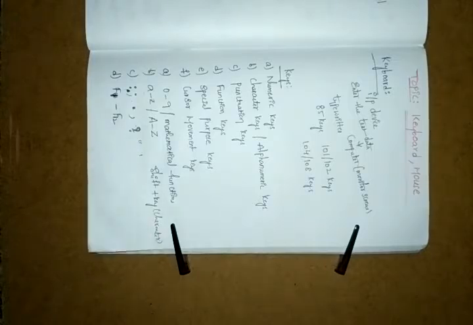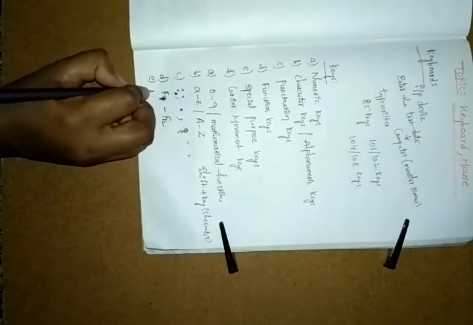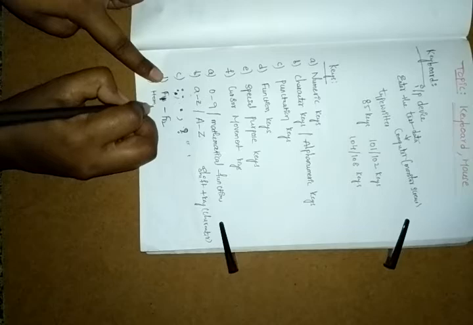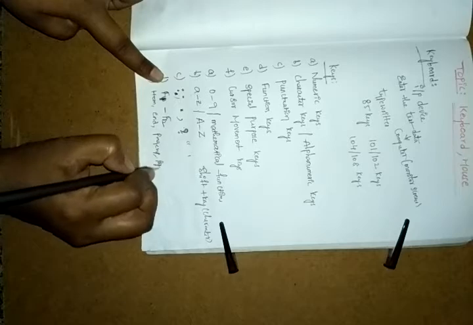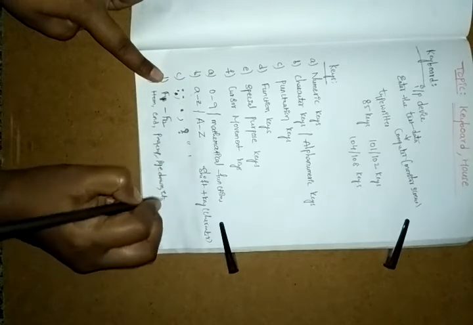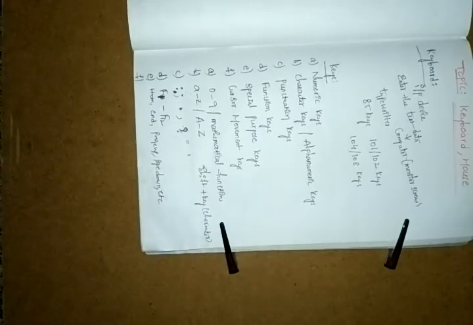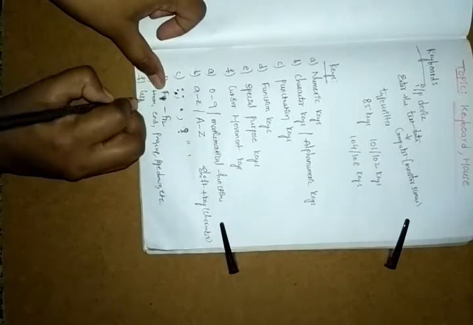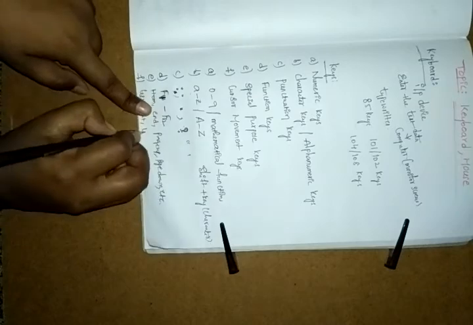Okay, let's go. Next, not only this keyboard, there is another keyboard. In it we have special purpose keys like home, page up, page down, control, and many more. And at last we have the cursor movement keys: cursor means left, right, up, and down.